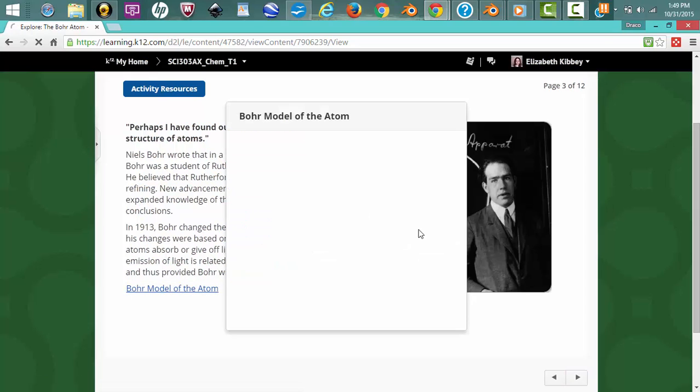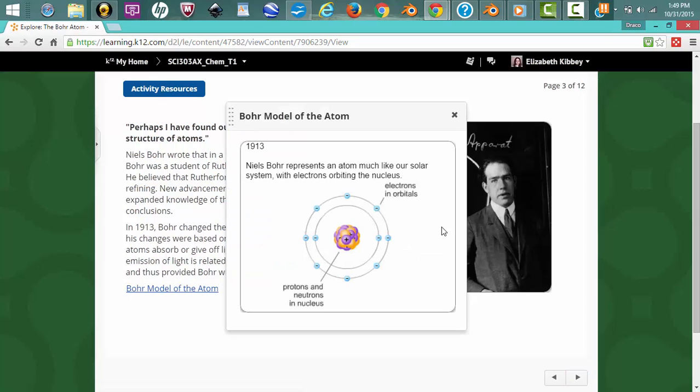So, looking at the Bohr model, which is what we just looked at on the previous page, I believe this was created in 1913. Niels Bohr represents an atom, much like our solar system, with electrons orbiting the nucleus in their orbitals, which we will be getting further into, and the protons and neutrons in the nucleus.